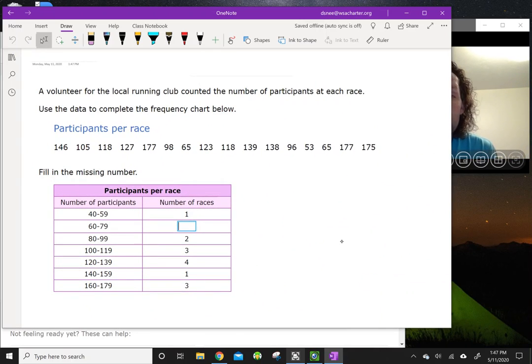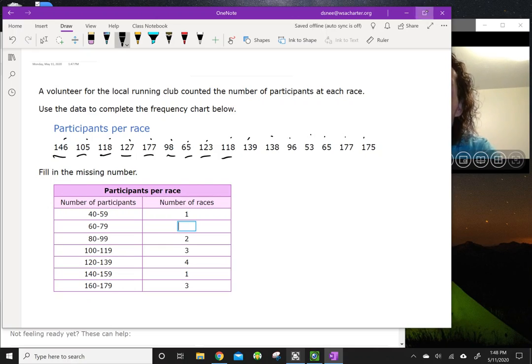Now this says a volunteer for the local running club counted the number of participants at each race. So each of these values down here is the number of participants in one race. So we have 1, 2, 3, 4, 5, 6, 7, 8, 9, 10, 11, 12, 13, 14, 15, 16. There are 16 total races.